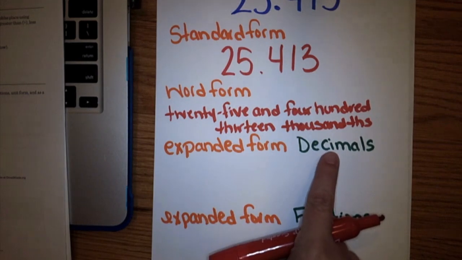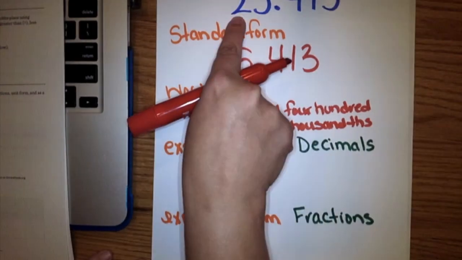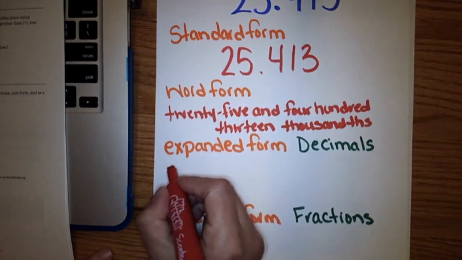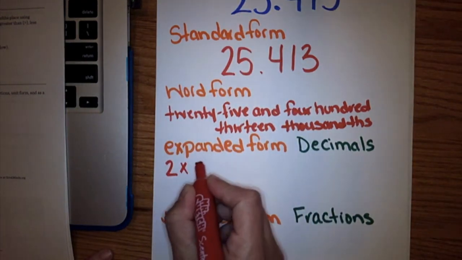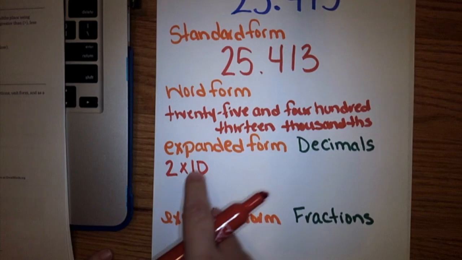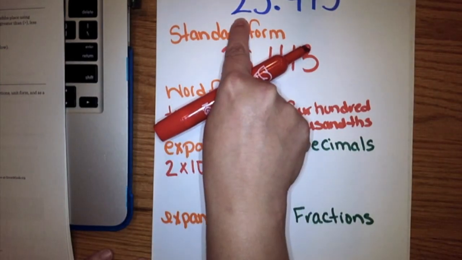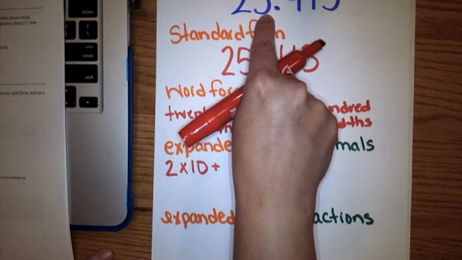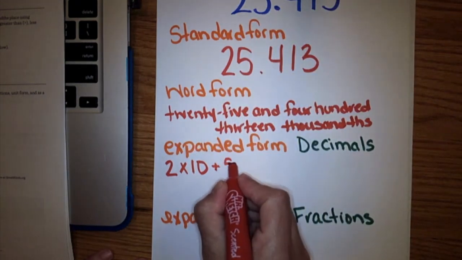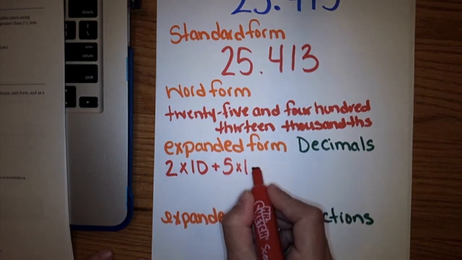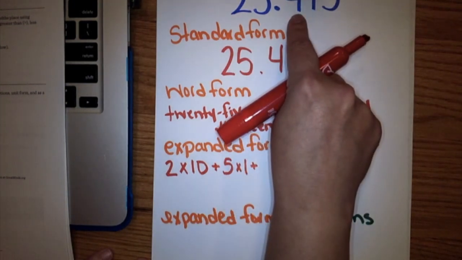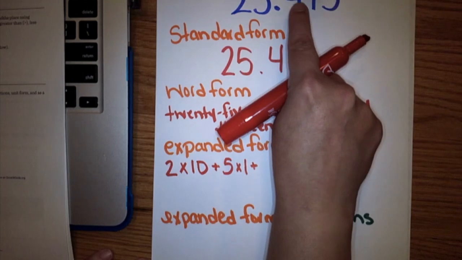Expanded form using decimals. First, we're going to look at the 2. The 2 is in the tens place. So that is 2 groups of 10. 2 times 10 would give me 20. We are going to add that to 5 groups of 1. 5 times 1. Then we're going to add that to, here's where we have to slow it down, 4 in the tenths place.